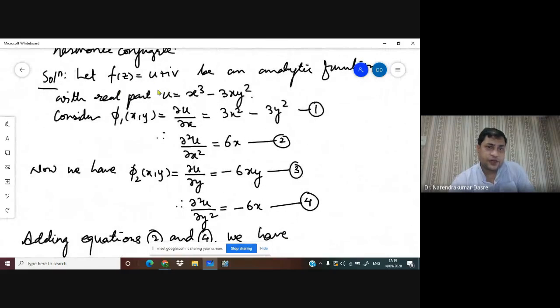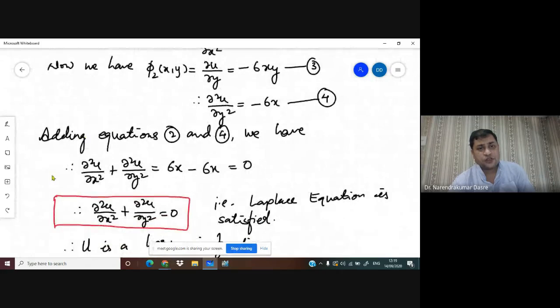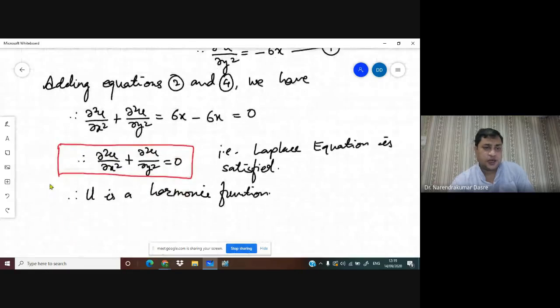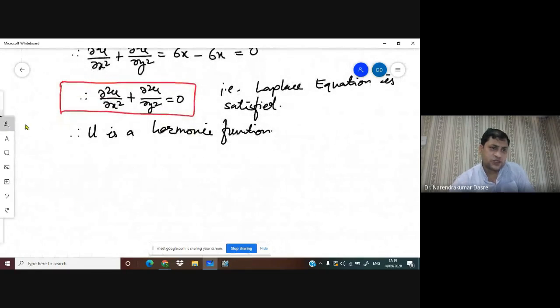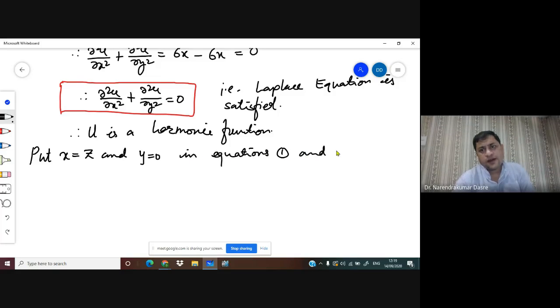The first step is to write the function to be analytic with the given part. The second step is finding the first order derivative. And now the third step of the Milne-Thompson method is to put x equal to z and y equal to 0. So we put x equal to z and y equal to 0 in equations 1 and 3.